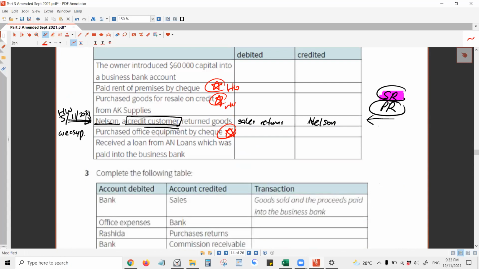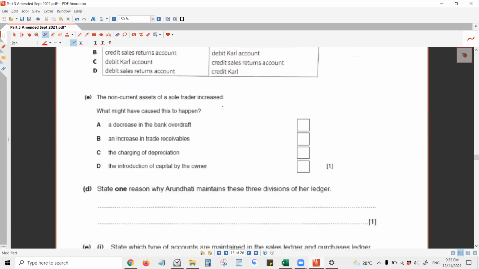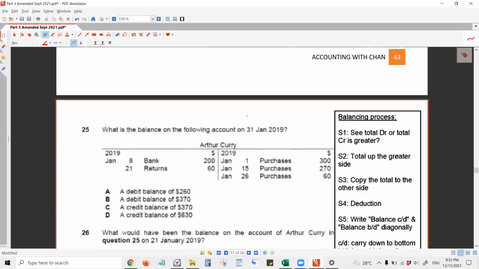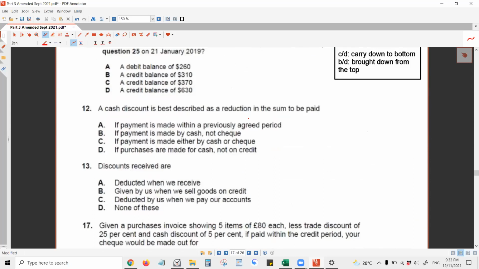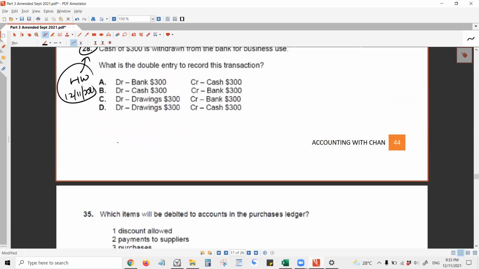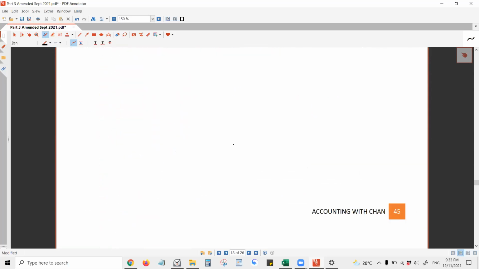Only these three are out of the table. And then page 44, question 28. Then no more.